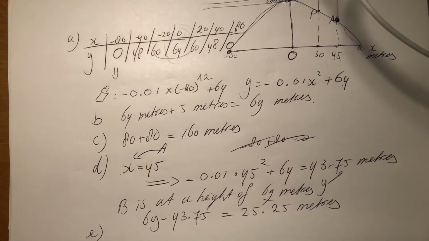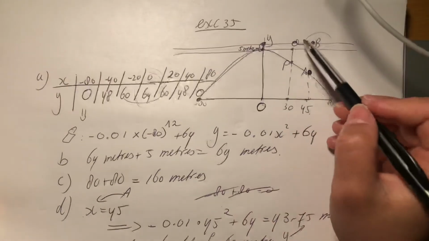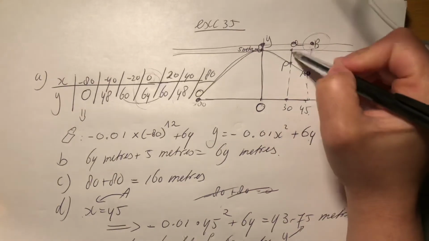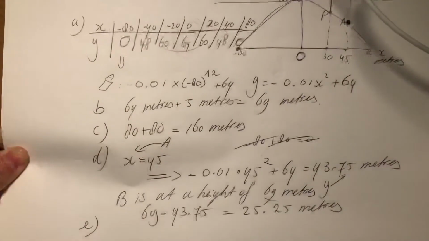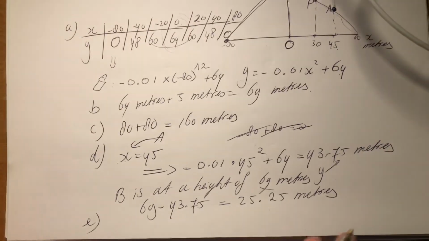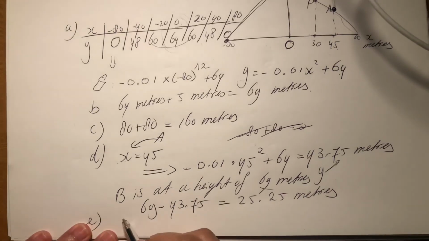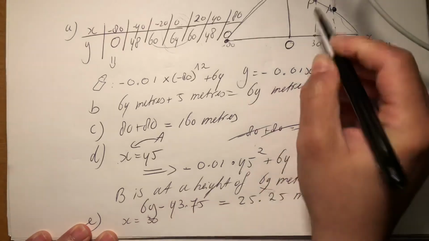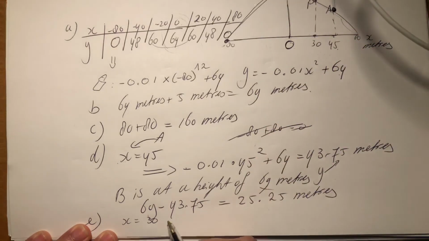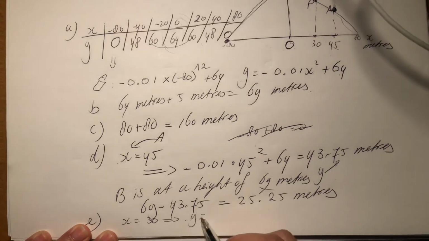Now, for the last question, they are asking, you can also see the iron bar PQ, which is over here. How long is that bar? Once again, this one I will not write out completely. It's just like question D. Try it. Fill in x is 30, because then you know P. And then you get the y of it.